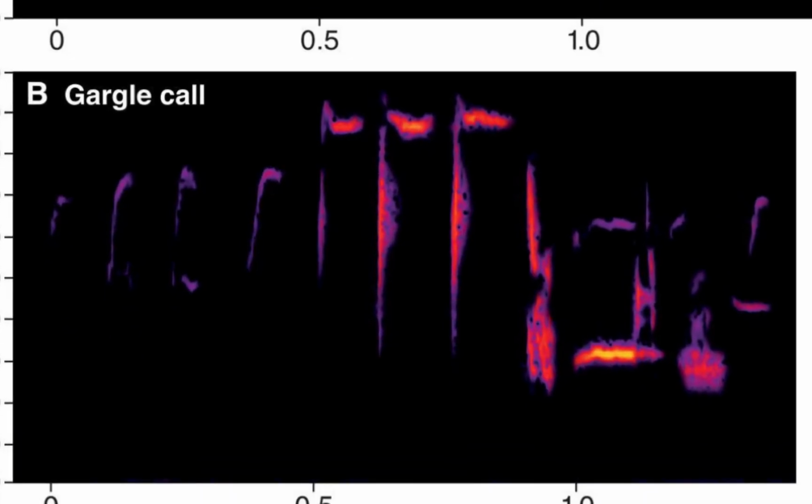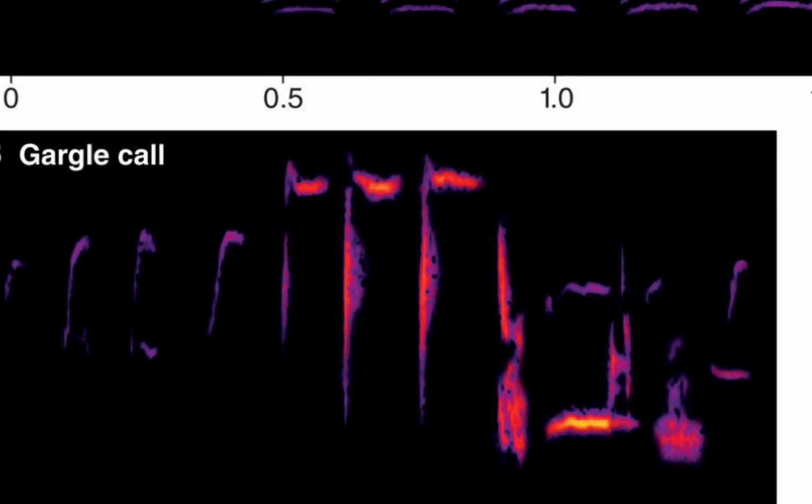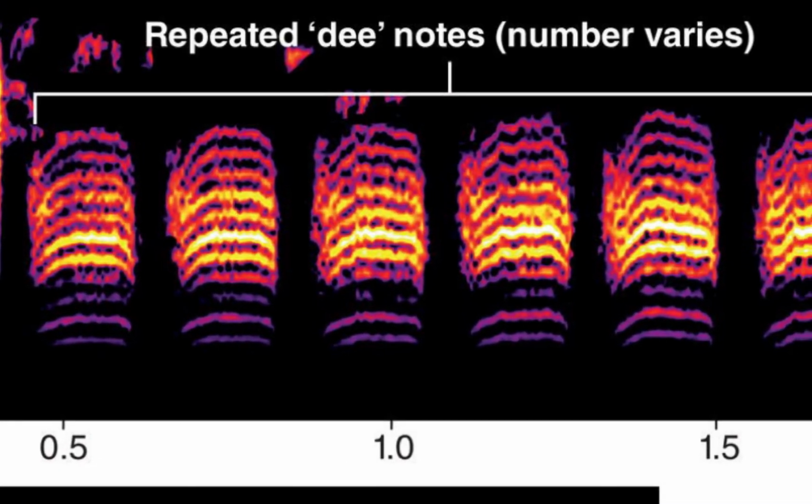The gargle call seen on the bottom here is a different call that is typically more associated with males kind of getting angry with each other. The D notes here vary in the number, and the studies have indicated, I'll talk about this in a little bit more detail, the number of D notes indicates the perceived threat when the chickadees see a predator.